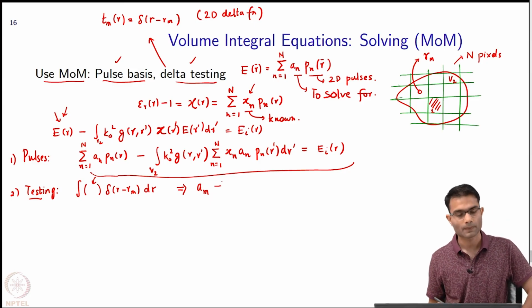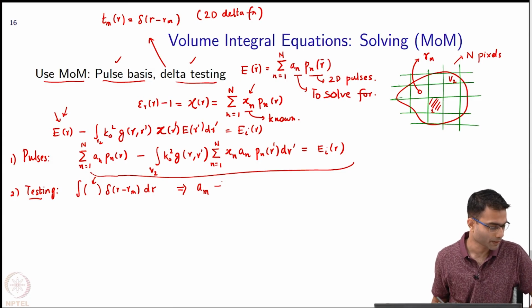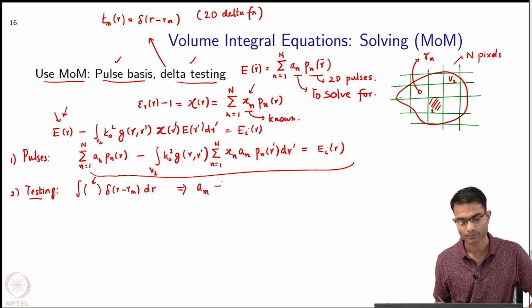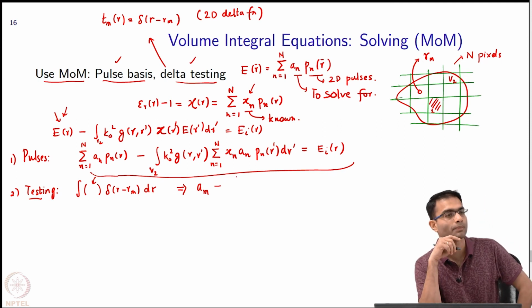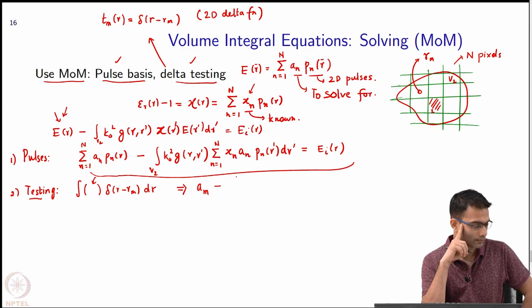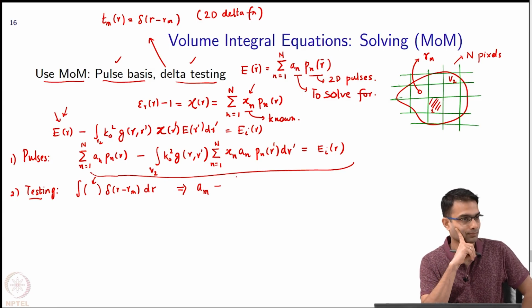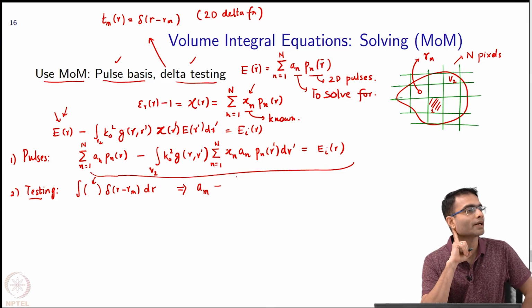Going in further, this is where we have to do it a little bit carefully. What will happen over here? So, will the summation remain or will it go away? So, the question is, for which coordinates is this delta function defined, primed or unprimed? Unprimed coordinates.